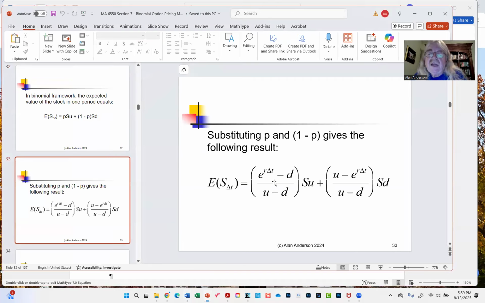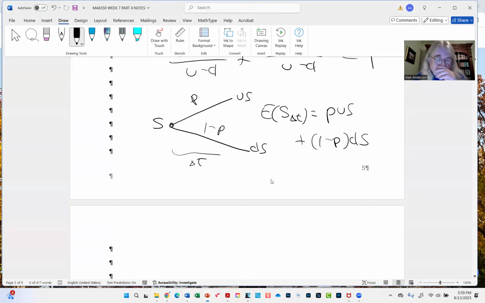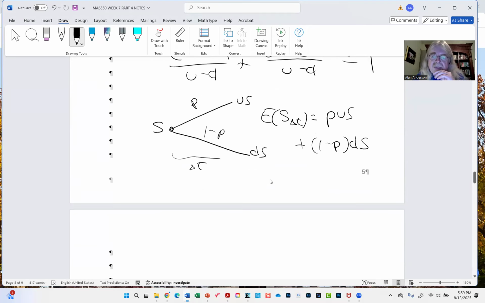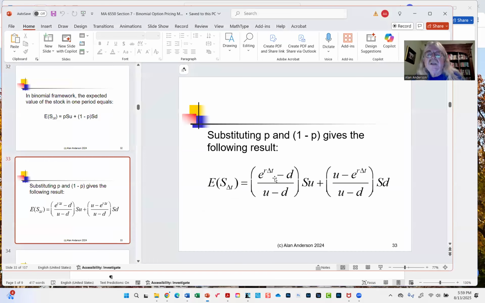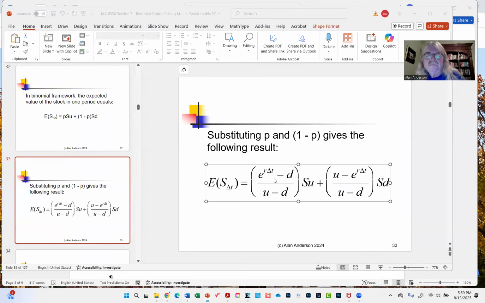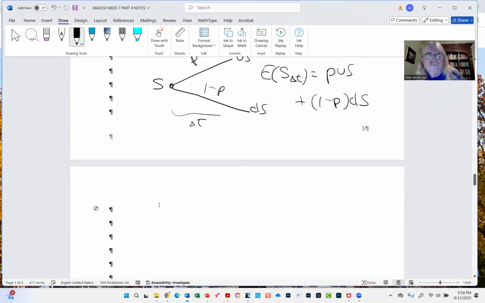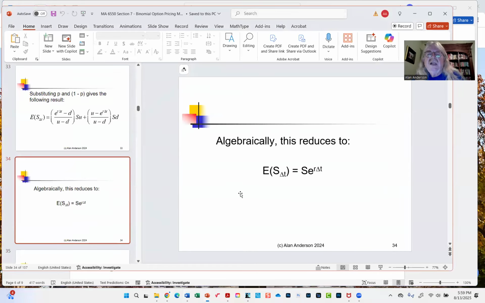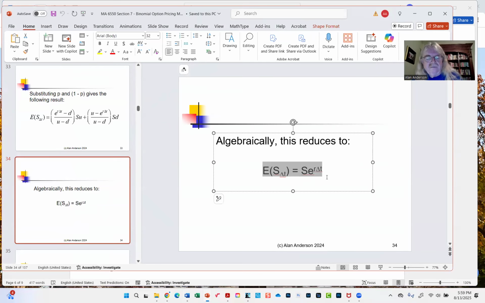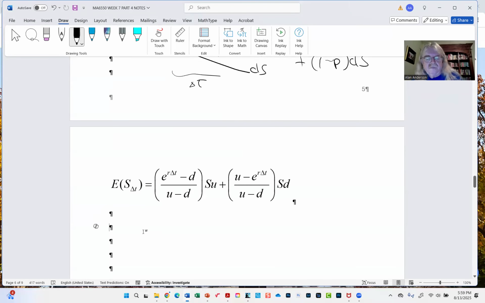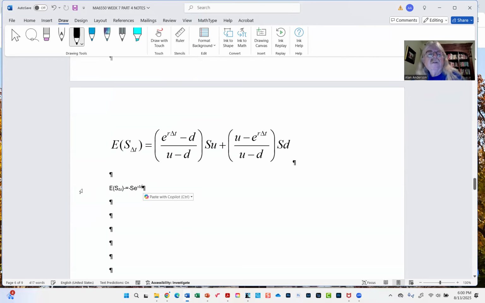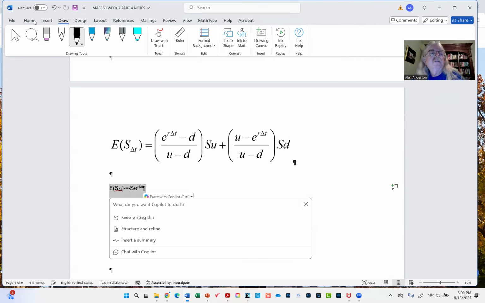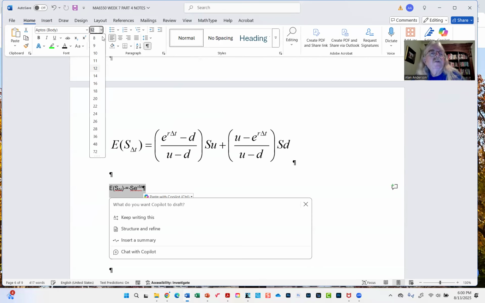And if you now plug in those two expressions that we just saw for P and 1 minus P, you get an extremely interesting result. And again, we'll skip over all the messy algebra, but if you do, we'll end up with this expression. And this is the key to the whole thing right here. Those two probabilities, whether they describe the real world or not, here's what they produce for us.